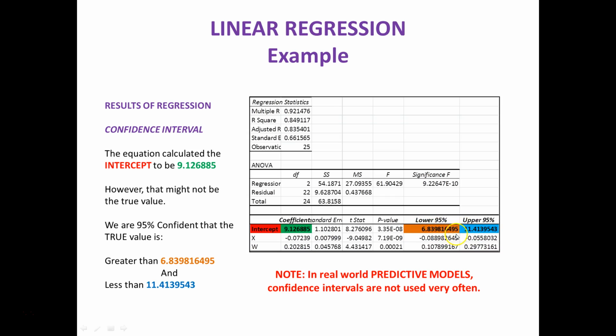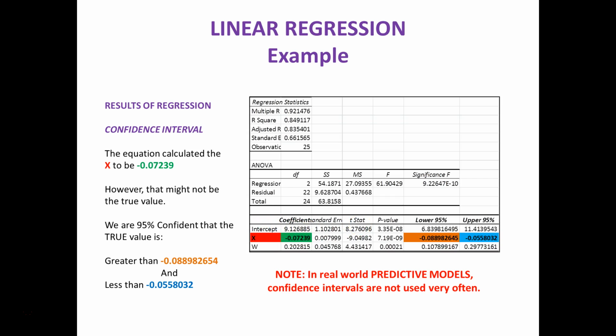So we know that the real number is probably in this range somewhere. Same thing with the next value, x. We calculated x to be this. That's probably not the real number. We're going to use it because it's a pretty good number and it gives us the lowest squared error. However, that's probably not the real number.